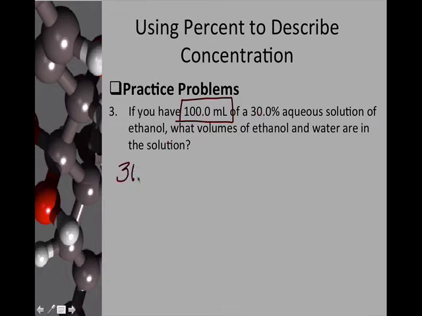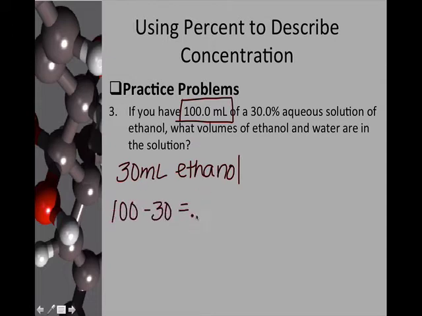So there must be 30 milliliters of ethanol in this solution. And then the remaining 70%, because 100 take away 30 has to be what the water is, and that is 70. So I have 30 milliliters of ethanol and 70 milliliters of water, and that's how I make that solution.